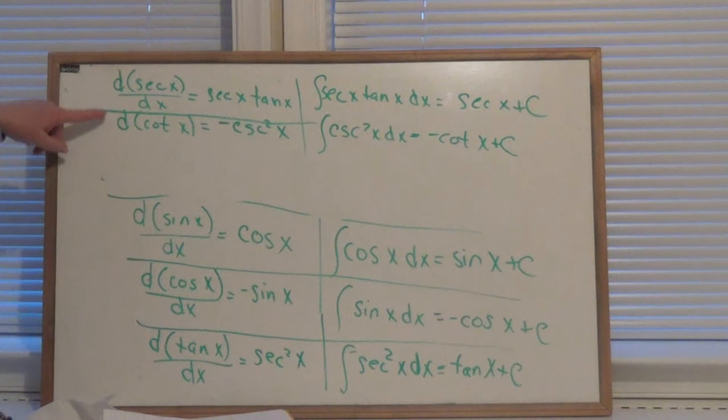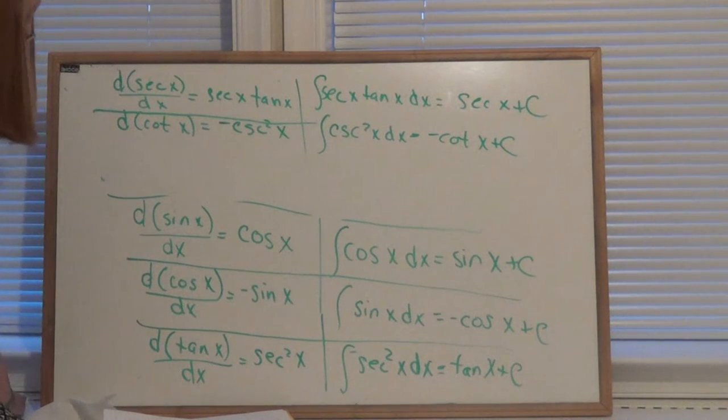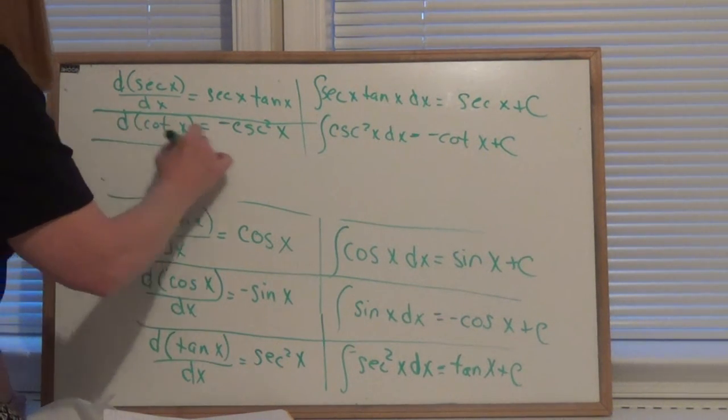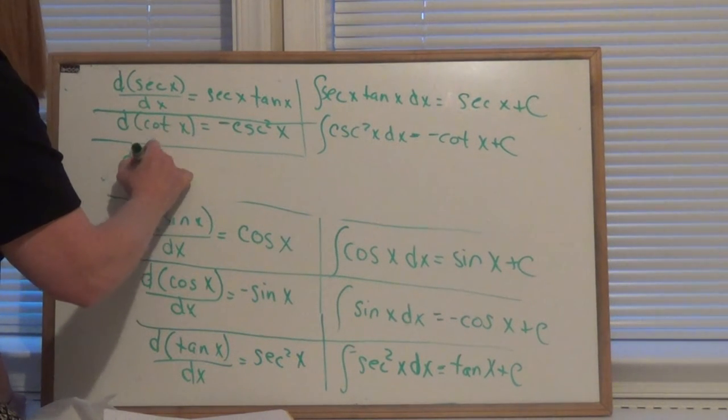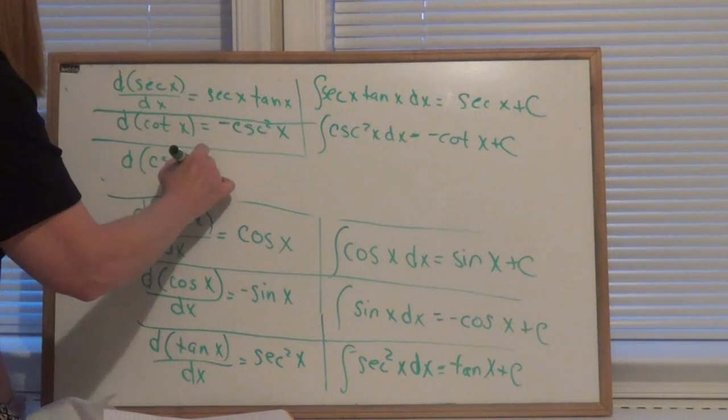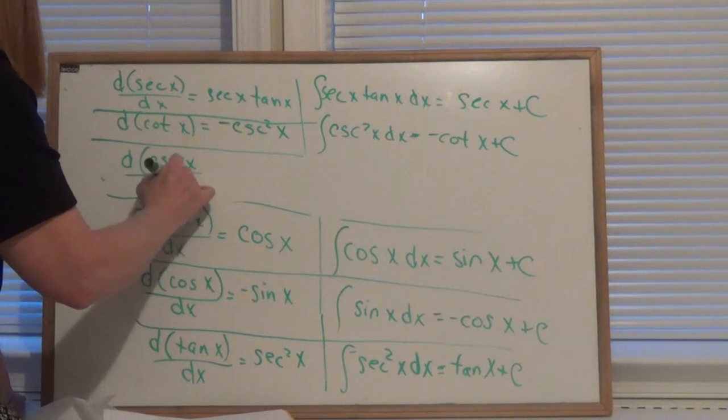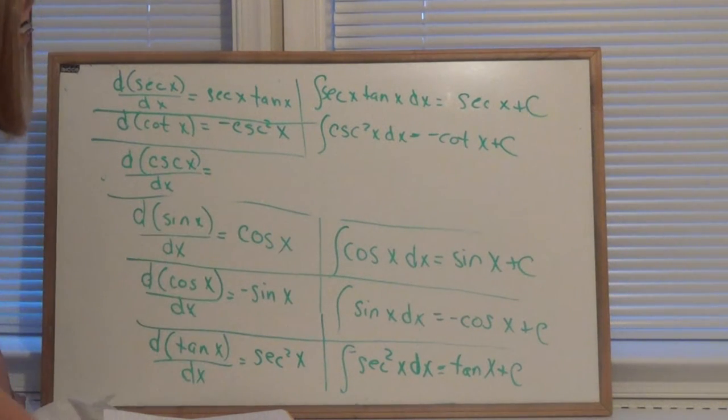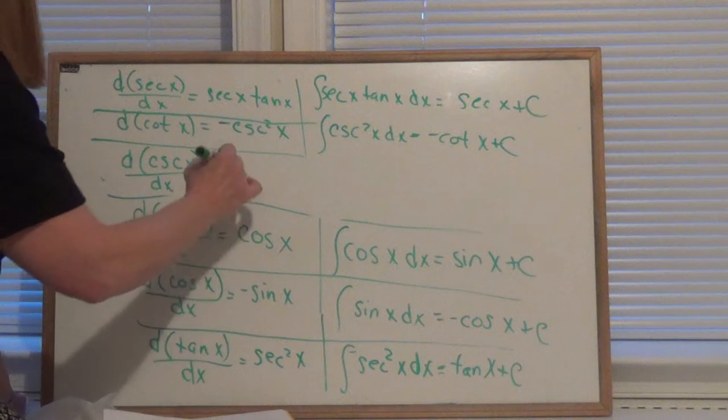Now I have one more to do, and that is the derivative of the cosecant. And the answer is negative cosecant cotangent.